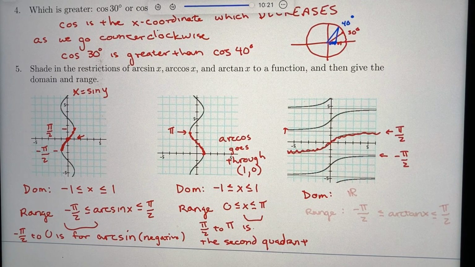You can input any number into arctan. The range is just like with sine. Remember, we use negative angles for negative inputs. And angles between 0 and 90 degrees for positive inputs.